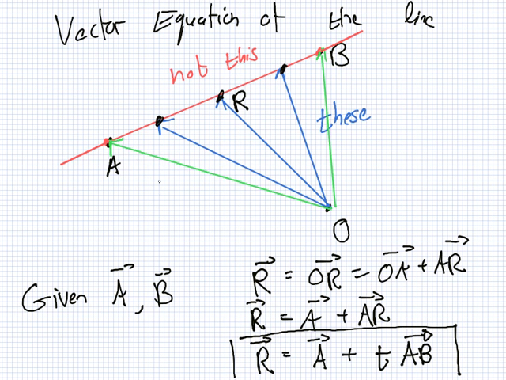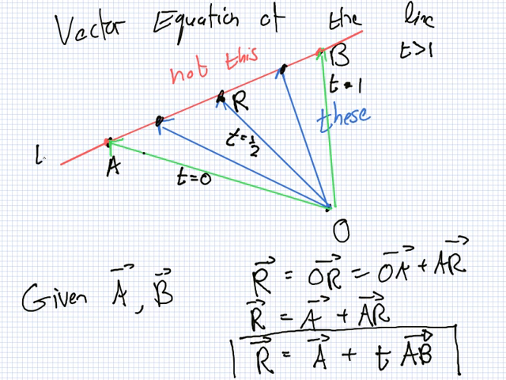So for example, this one here, you get that when t is 0. Because you're just left with A. And this one here, you get that when t is 1. Because you'll have A plus B minus A. So what about the point that's in the middle? Well, no surprise, that would be t is a half. And what about if t is more than 1? Your vector's out here.